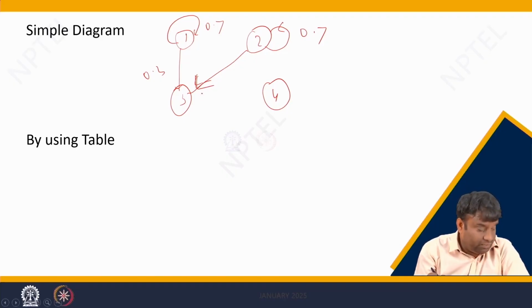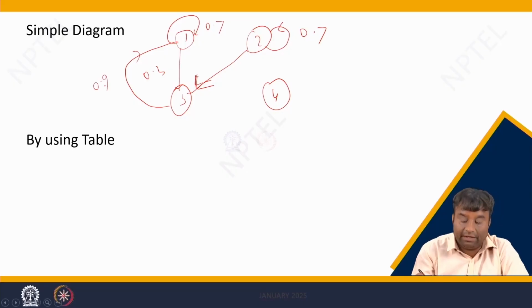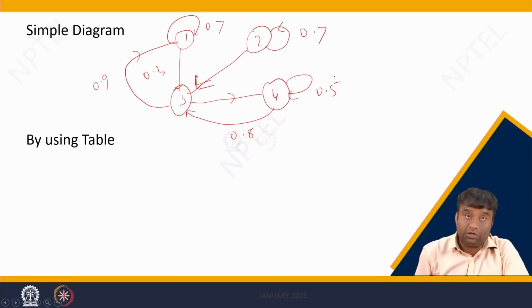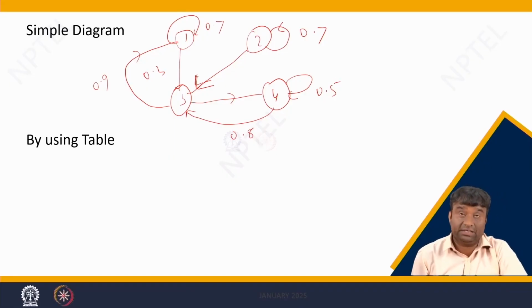Then 3 with 1 is 0.9, 3 with 4 is 1, 4 with 3 is 0.8, and 4 with 4 is 0.5. By this simple diagram we can also represent a binary fuzzy relation.